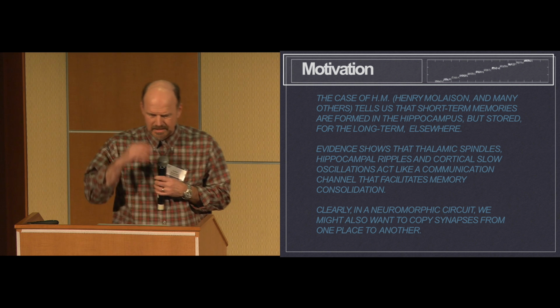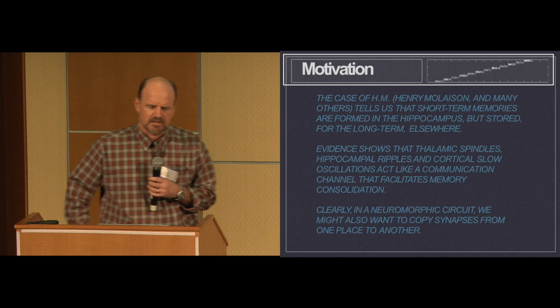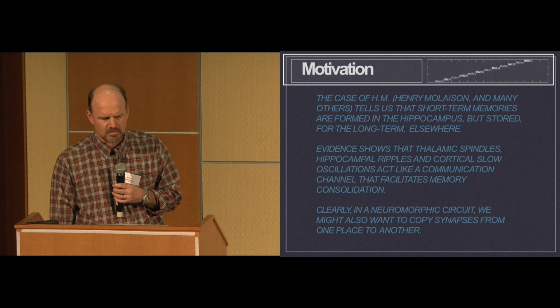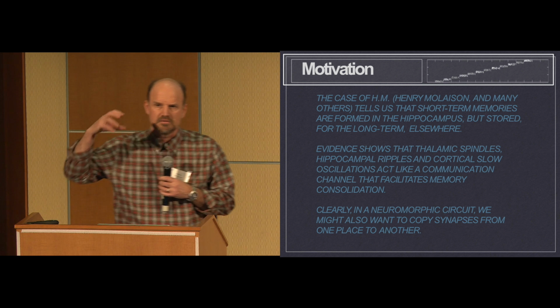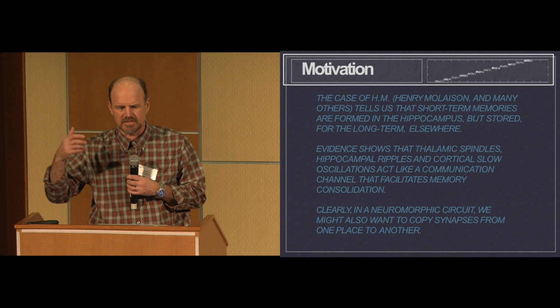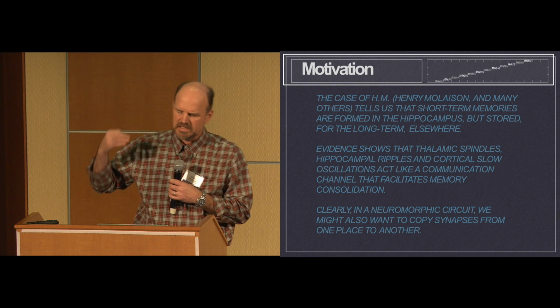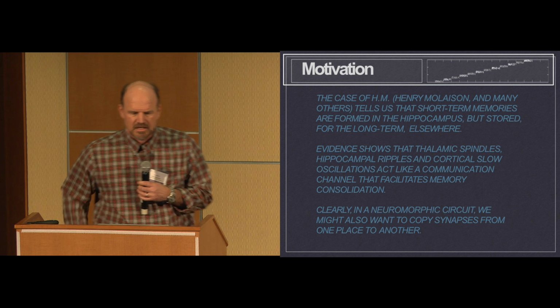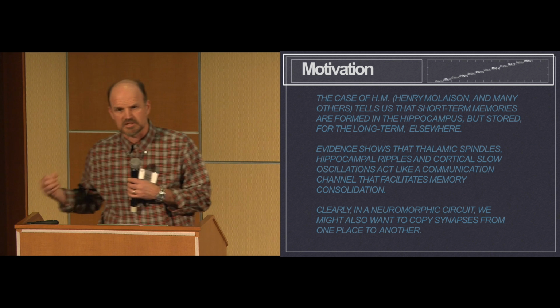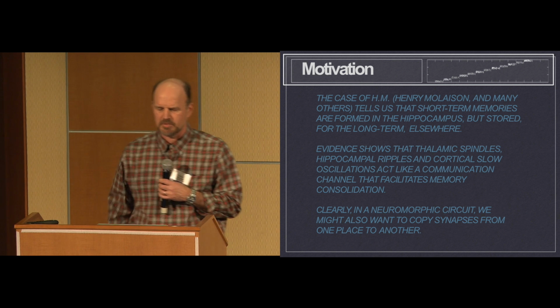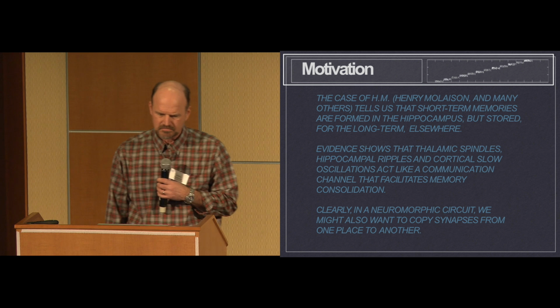That started a huge amount of experimental work, and recently it seems that there are nested oscillations involving the thalamus, the hippocampus, and the cortex that act like a communication channel that facilitates this memory consolidation from the hippocampus to the prefrontal cortex.